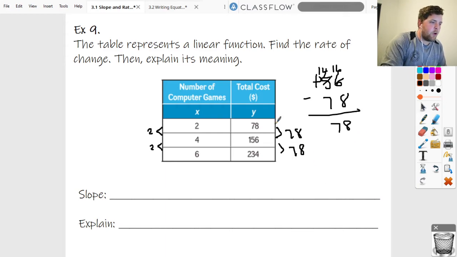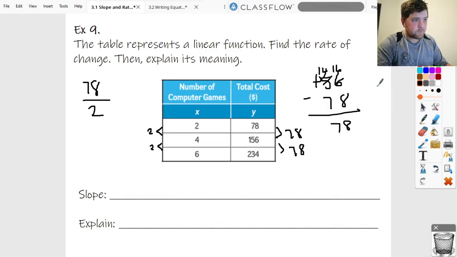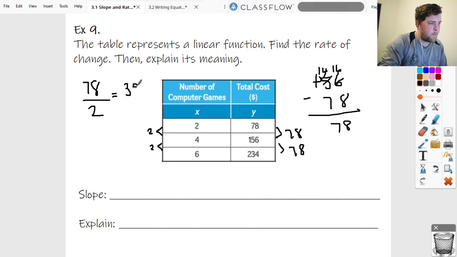Okay, so for my ratio, I'd have to do 78 over 2, which comes out to be what? That's 39? Yeah. Okay, so my slope is 39.